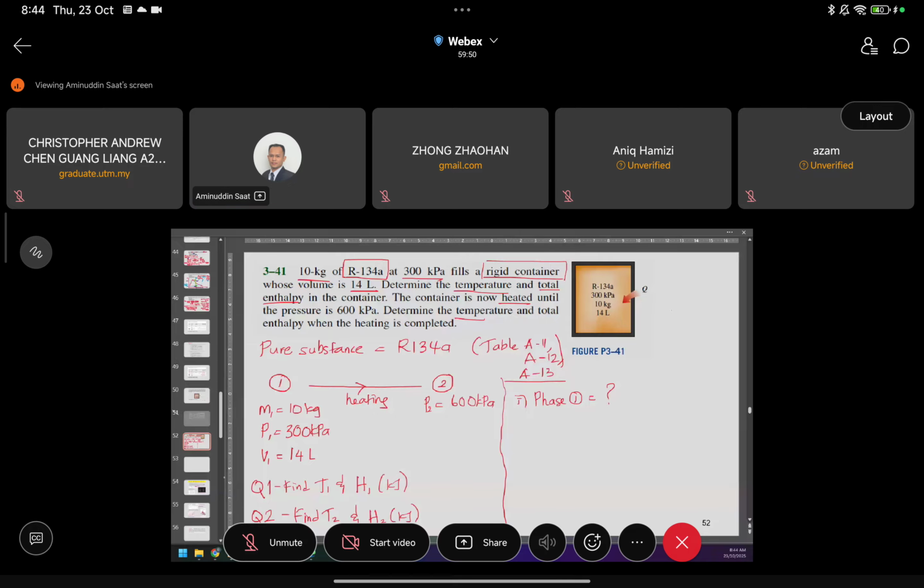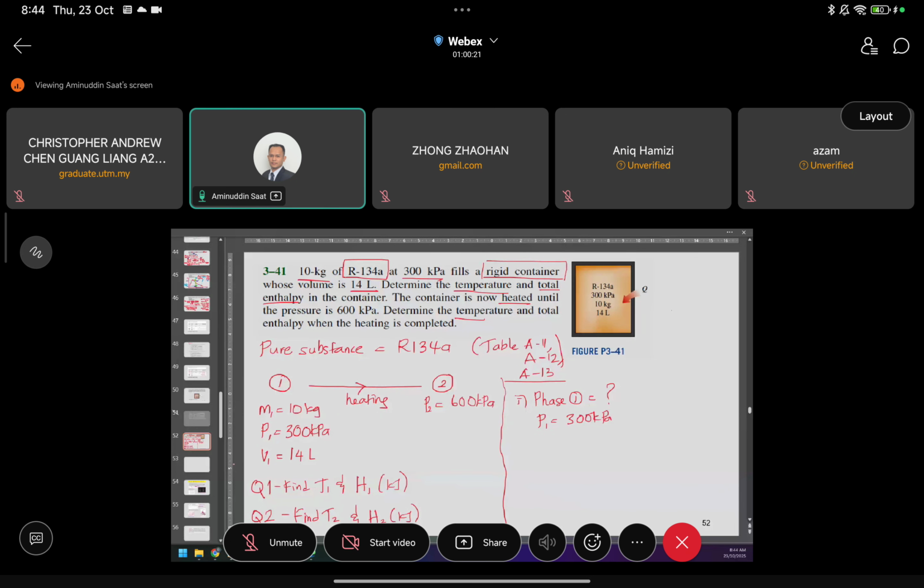You need two intensive properties. The first property, of course, you have the pressure, P1, 300 kilopascal. And then you need a second intensive property. What intensive property can you obtain from the current information?